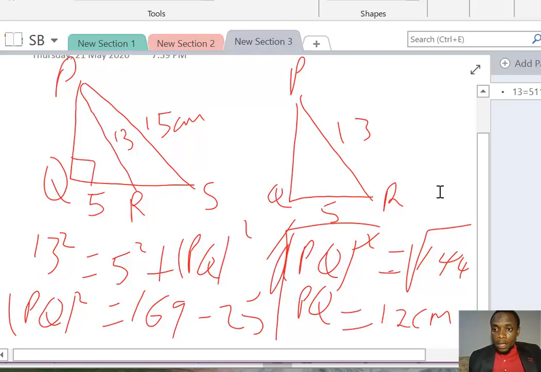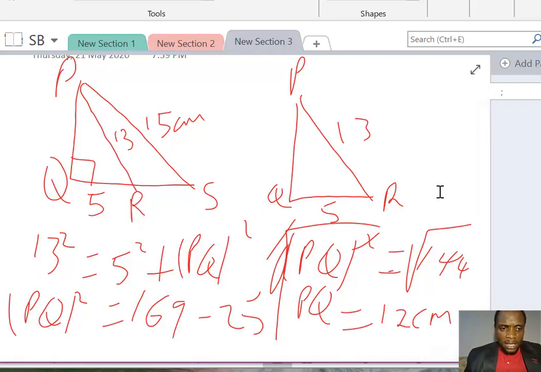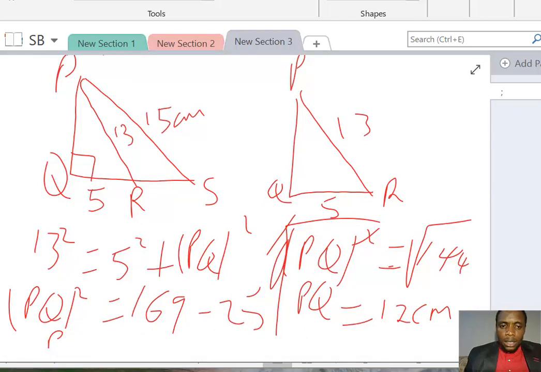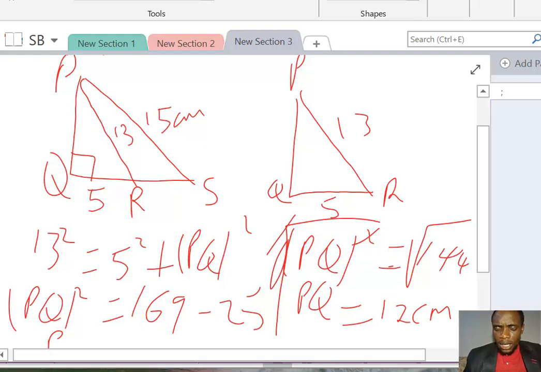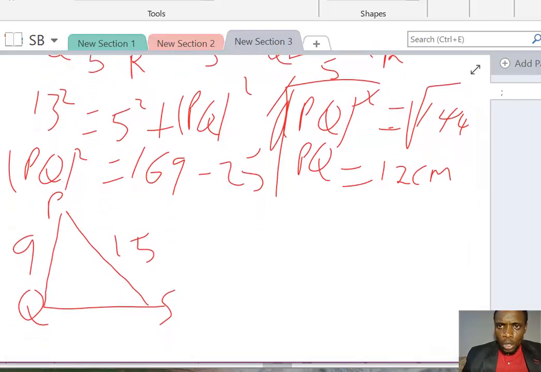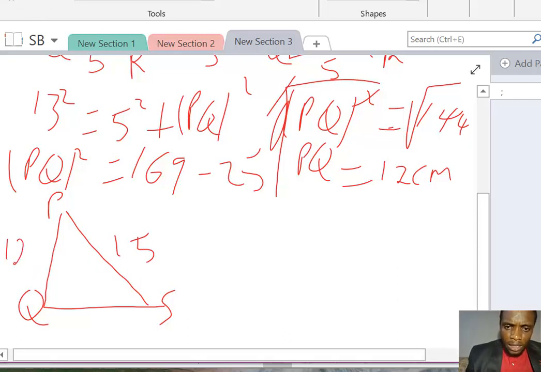So the next thing we are going to do is to now consider this triangle PQS. Triangle PQS shows that PS is 15 centimeters, and from our calculations we have PQ as 12 centimeters.